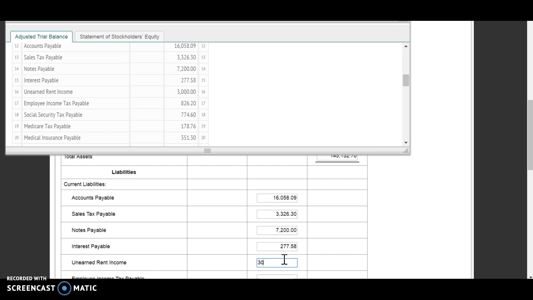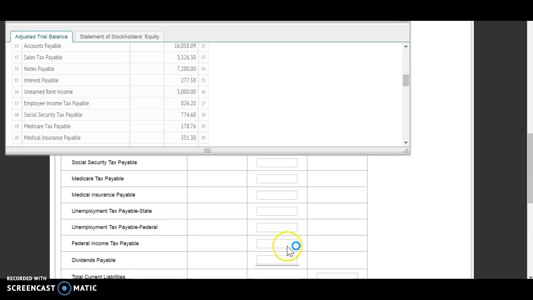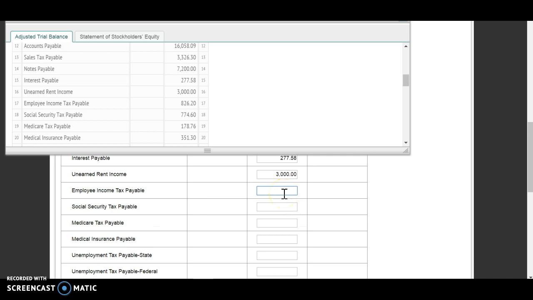Unearned rent income, $3,000. Employee income tax payable, $826.20. Social Security tax payable, $774.60. Medicare tax payable, $178.76. Medical insurance payable, $351.30.